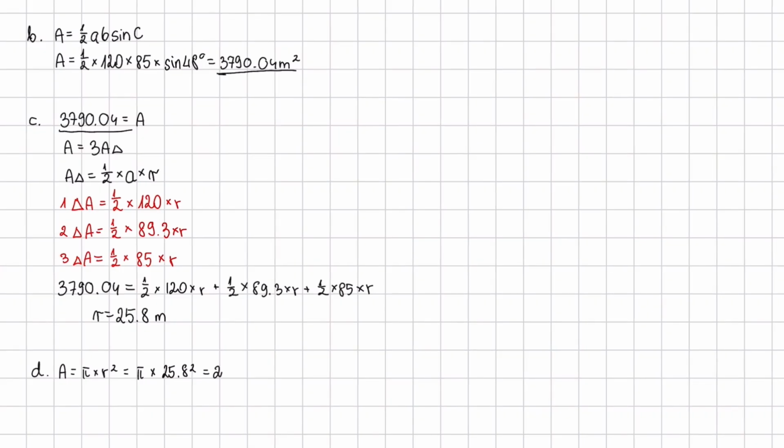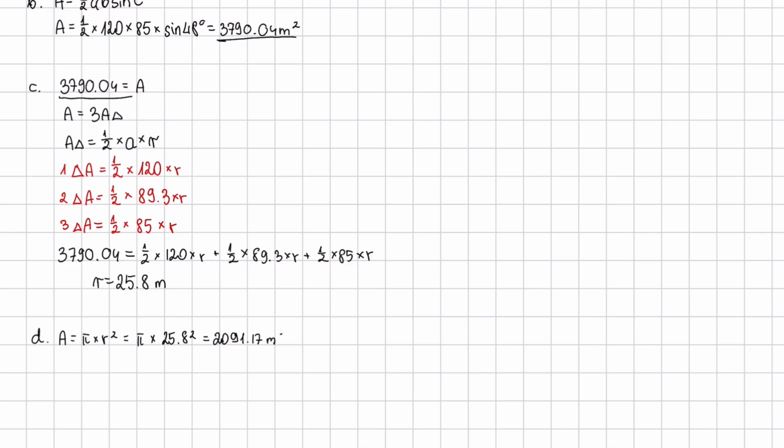So this is 2091.17 meters squared, and the total cost will be our area times the cost, so 2091.17 times 35, and this equals 73,190.94, and of course units dollars.